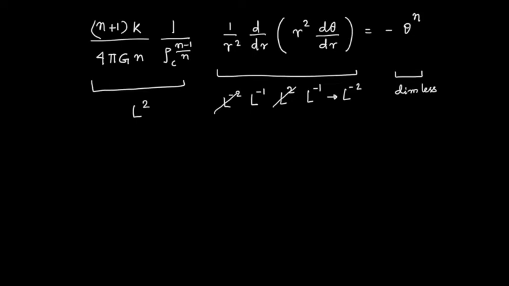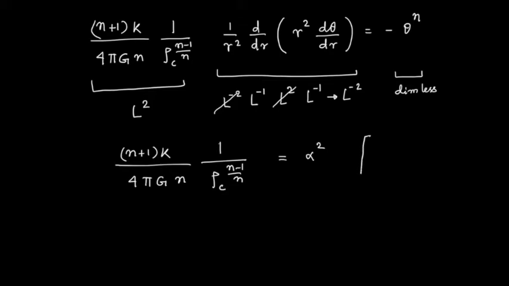So what I do is the following. I define n plus 1 times k by 4 pi G n into 1 by rho c to the power n minus 1 by n. This entire quantity equals alpha square. Just I redefine this quantity, I call it alpha square.